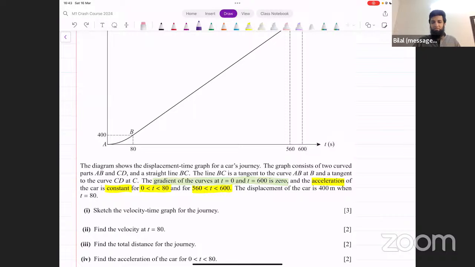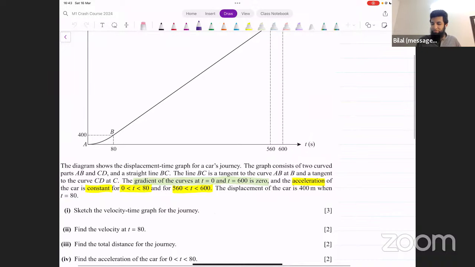No, the gradient will be constant, so velocity will be increasing at a constant rate. Straight line. Gradient of the graph is going to be constant. Velocity time graph's gradient represents acceleration. If acceleration is constant, that means the gradient of the velocity time graph is constant.